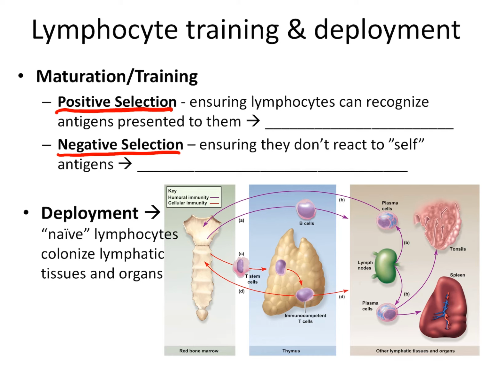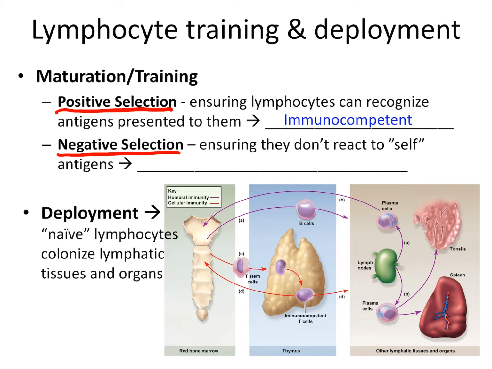This means ultimately they have to have the proper receptors present on their surface to be able to bind to and recognize these antigens that are going to be presented to them by either macrophages or these reticular cells. If they pass that test and they can recognize antigens that are presented to them, they are referred to as immunocompetent cells.